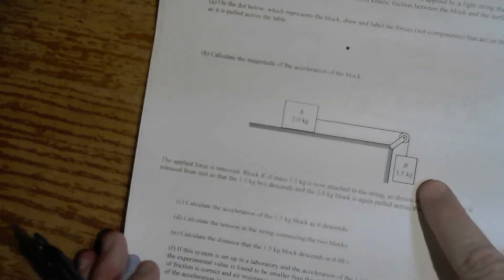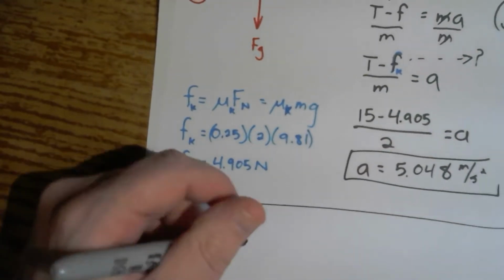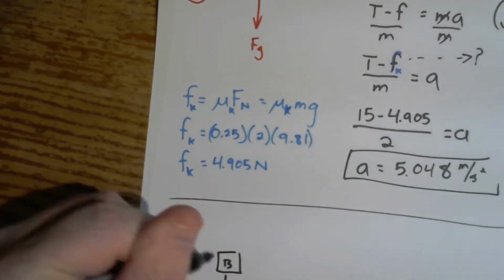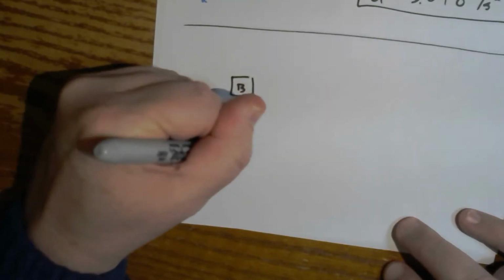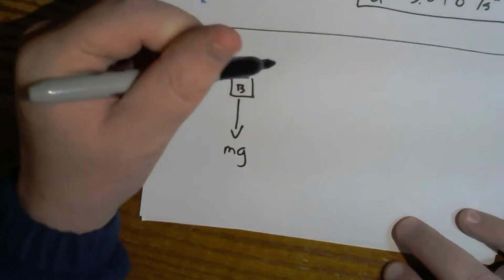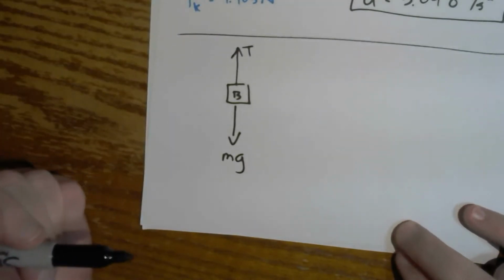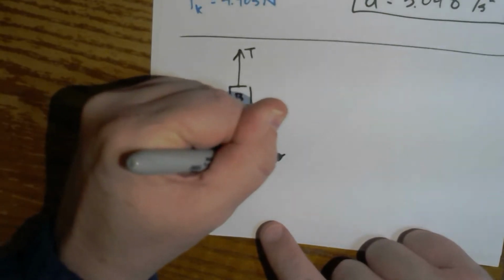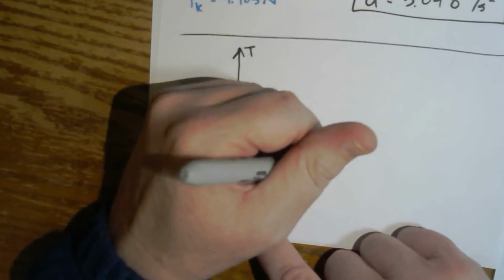And so if I look at block B right here, block B has a force of gravity that's mass times g. Now, it's also going to be suspended by some kind of a tension, right? Tension T. Now, if I look at this, what's mass? The mass is 1.5, and g is 9.81.